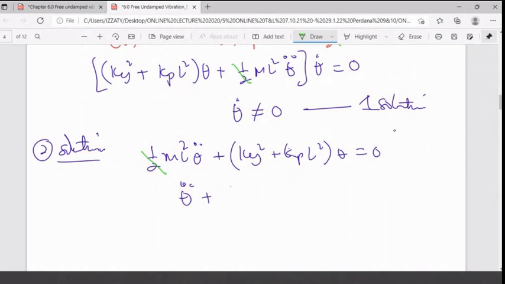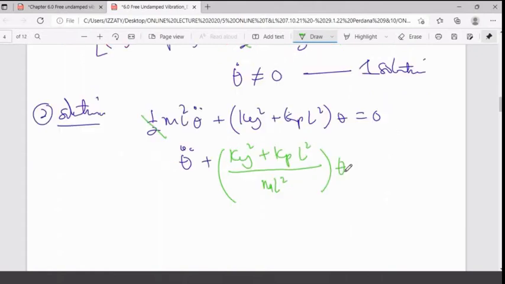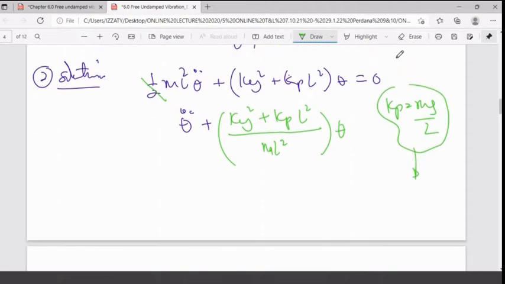You have ky. This one will be kp l square divided by ml square. But you also know that you can simplify this one, because you know that kp just now we have mg by l, isn't it? Remember this kp? The kp is the equivalent stiffness for the pendulum represented by springs.